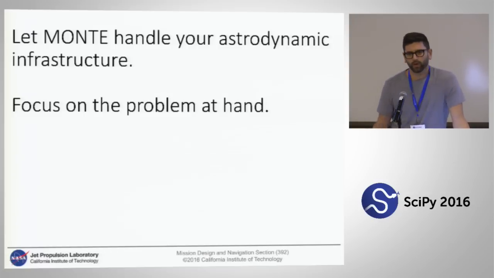You also need to calculate a lot of partial derivatives if you want to do optimization or filtering, things like that. So the idea is to use Monty as a starting point for whatever astrodynamic problem you're working on, and then just focus on the actual part that you want to do and leave the rest to Monty to handle.